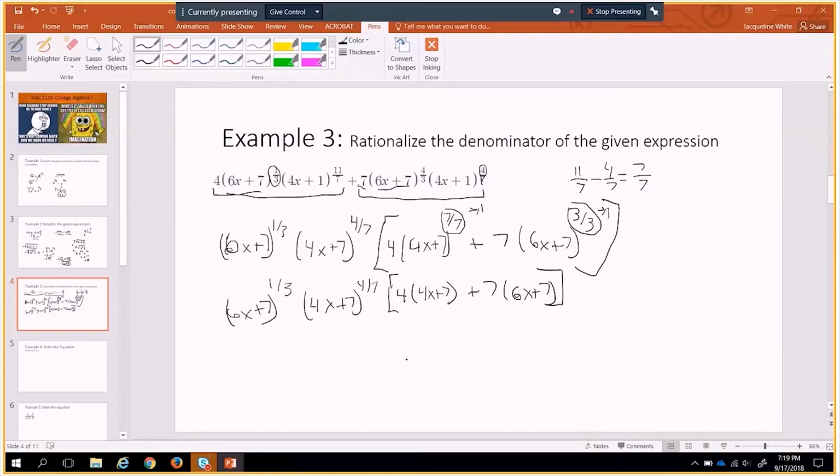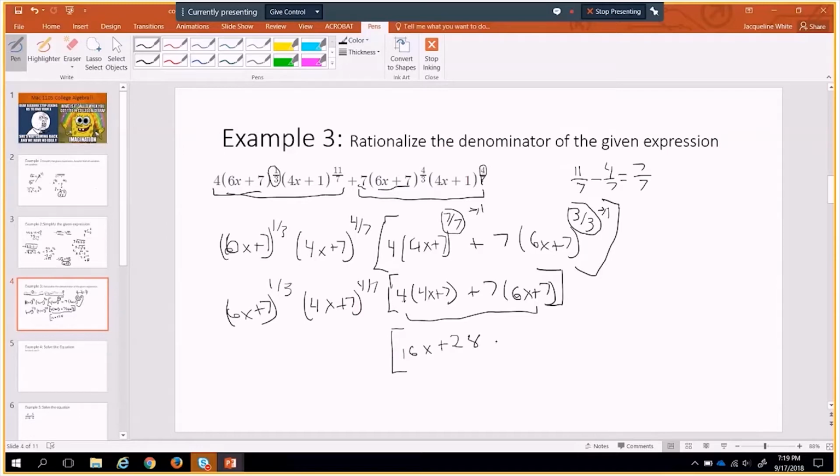All right, so now what's the next step? We're going to deal with what's in the bracket. We're going to combine like terms. But before we do that, we have to distribute into the parentheses. So if we do that, it's going to be 4 times 4x, so that's a 16x. 4 times 1, that's a plus 4.